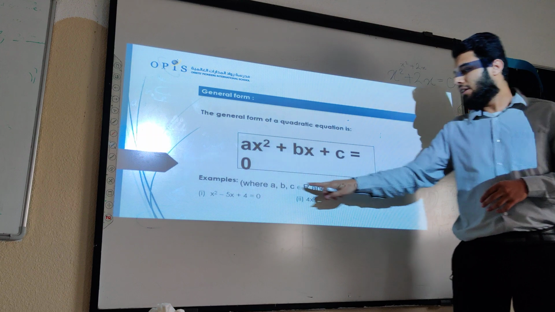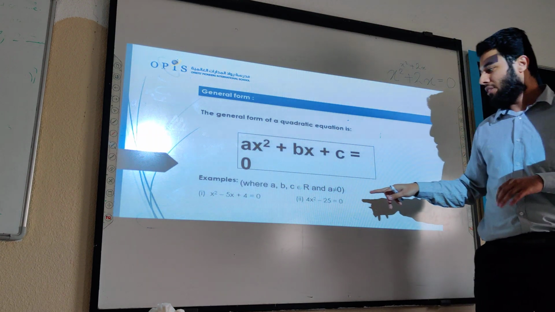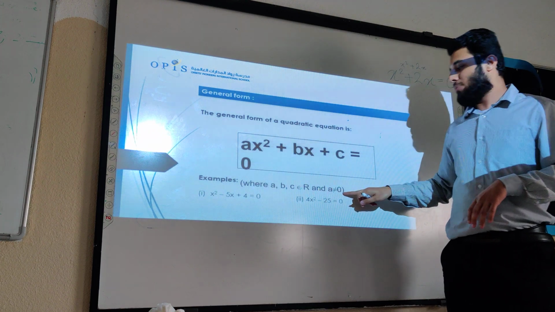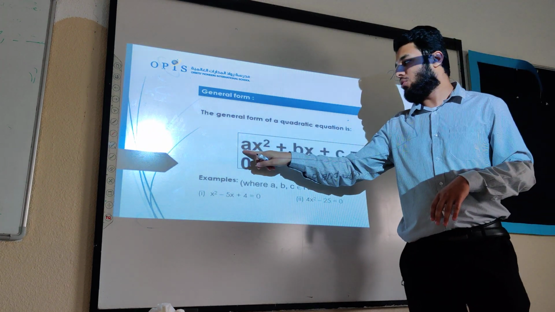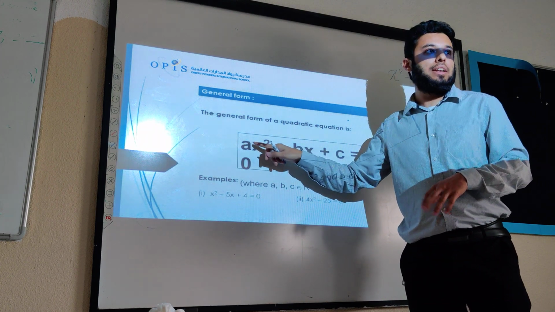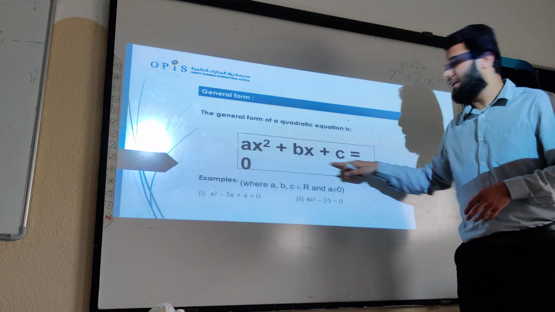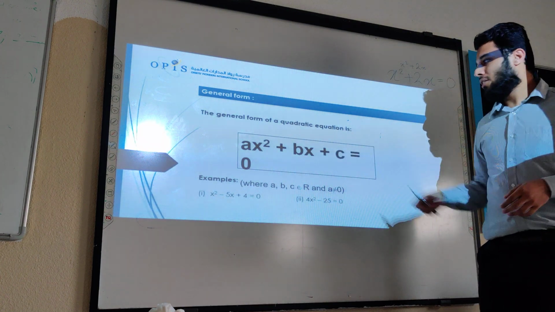They can be integers, negative, positive, decimal, but a cannot be 0. Why? Because if we make a 0, the overall expression will vanish and it will no longer be a quadratic equation. It will be simply a linear equation with power of 1.